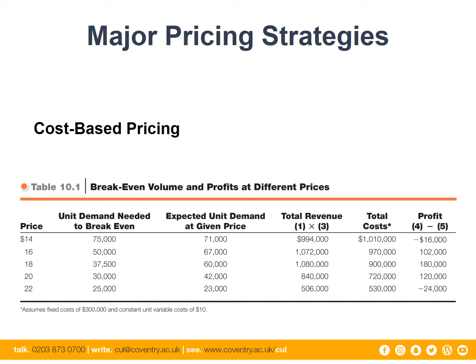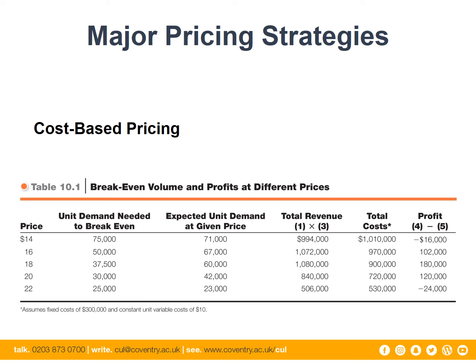But then if we take the expected revenue, the unit price of $14 times the expected demand of 71,000 units, which gives us $994,000. If we minus that from the total cost, we're making a loss of $16,000.